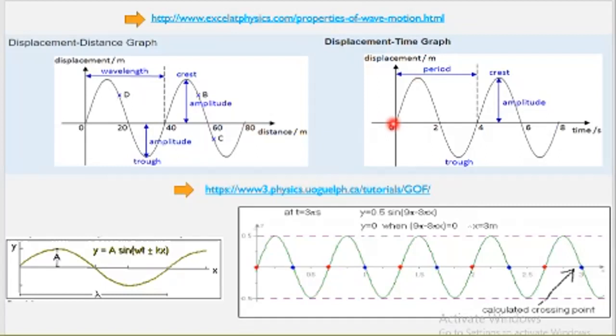So this point repeated itself here, so we can say that this is one complete oscillation. In this manner, in unit time, we have 0.25 oscillations per unit time.